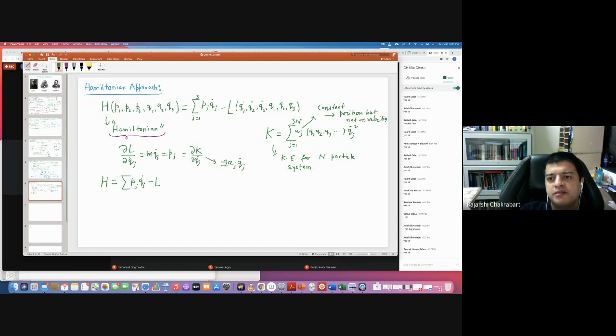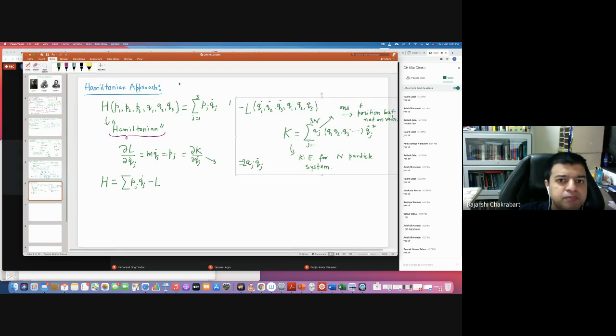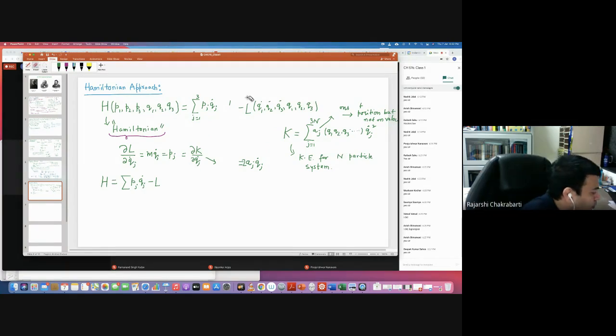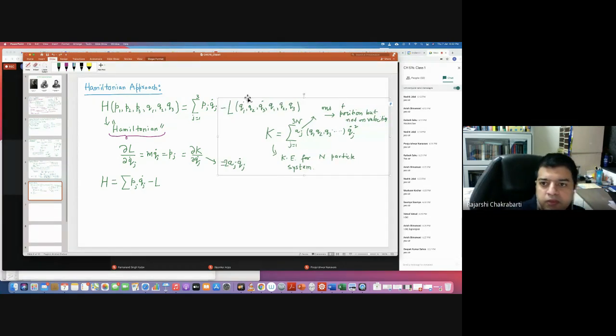It is not a constant, it's a function of position only. I can have a situation where the mass depends on position, for example.